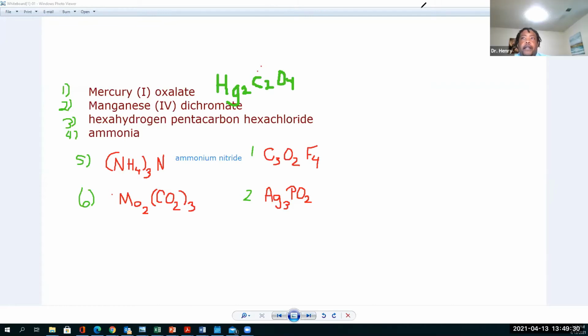So let me break it down like this. Mercury 1 in life, you'll find it happening about a third of the time. Mercury 2, it's 1/3 of the time. Mercury 3 is 1/3 of the time.